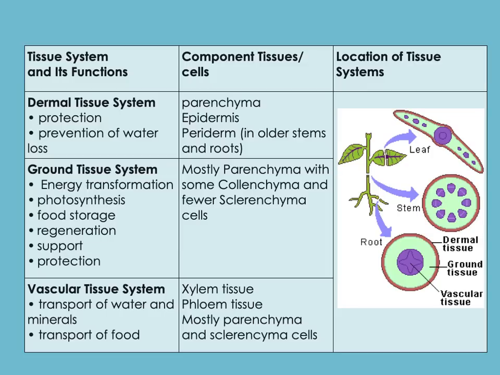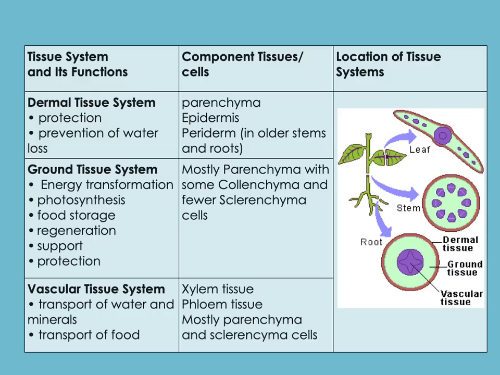As we all know, the vascular tissue system contains the xylem and phloem, which are very important to transport water and minerals and to provide food for other plant parts. The ground tissue system is responsible for energy transformations, photosynthesis, food storage, regeneration and support.